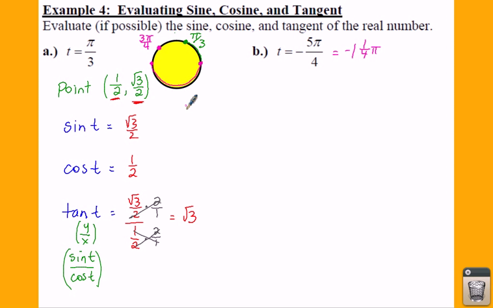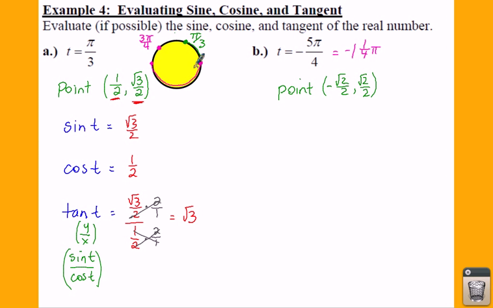Gosh, it's good to know coterminal values. So at 3 pi over 4, this has a point of radical 2 over 2 for both, and your x is negative here in quadrant 2.